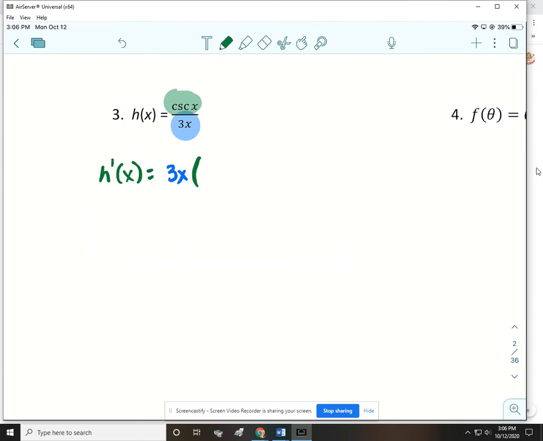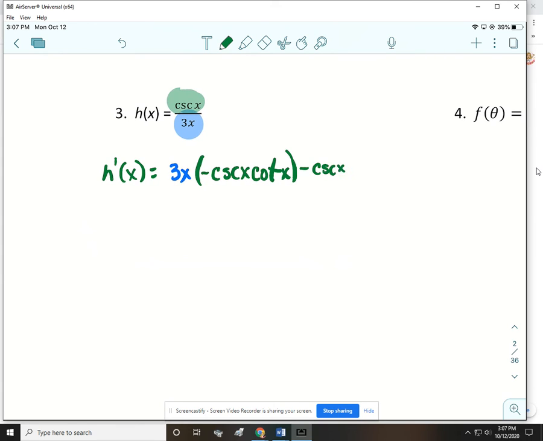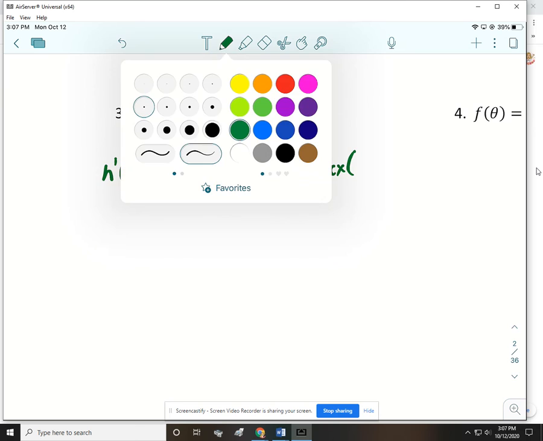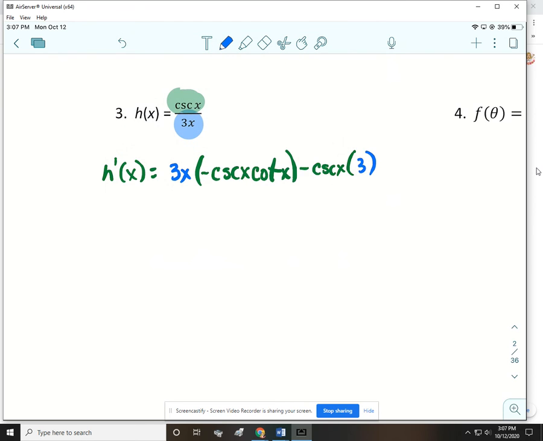So the derivative of cosecant is going to be the negative cosecant of x cotangent of x. Then minus high, we leave high alone. And then d low over low squared. Okay, and then we'll just clean it up a little bit.